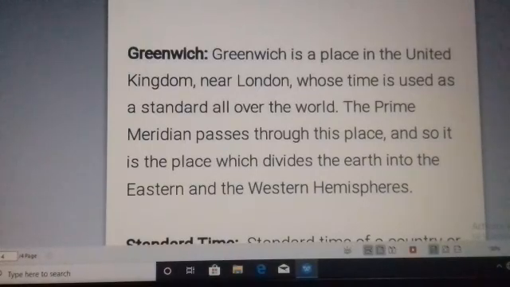It is also called the prime meridian. The prime meridian passes through this place, and so it divides the earth into eastern and western hemisphere. So we take this 0 degree longitude as the reference.